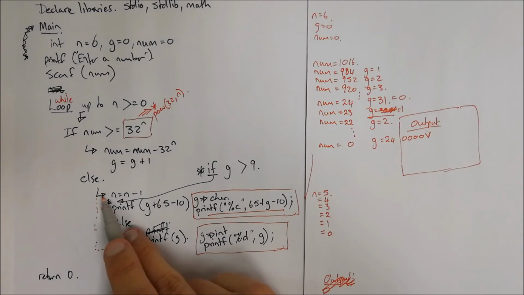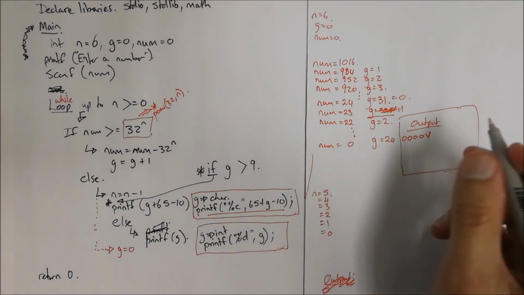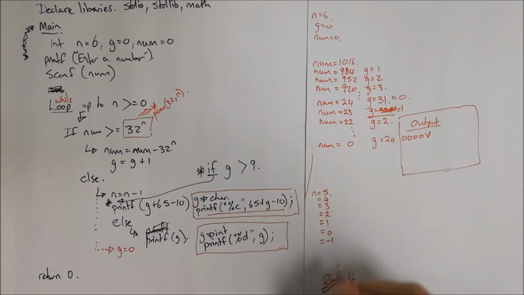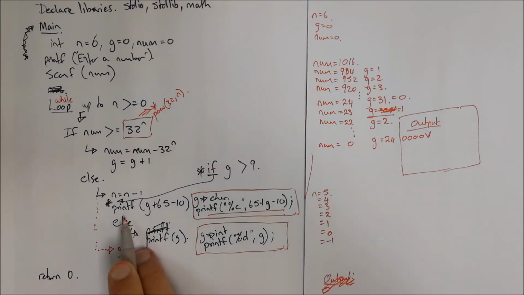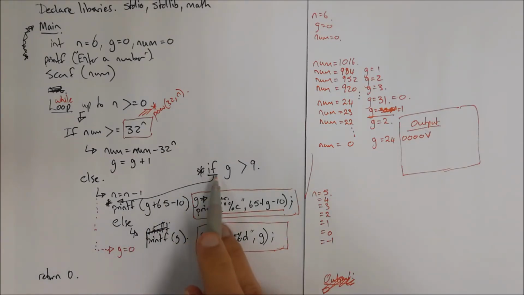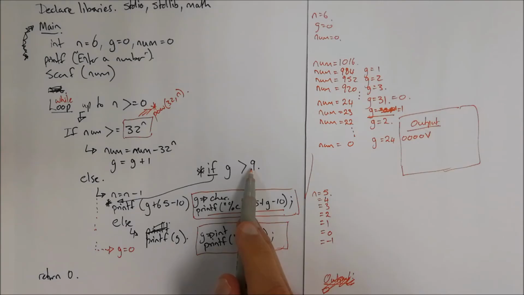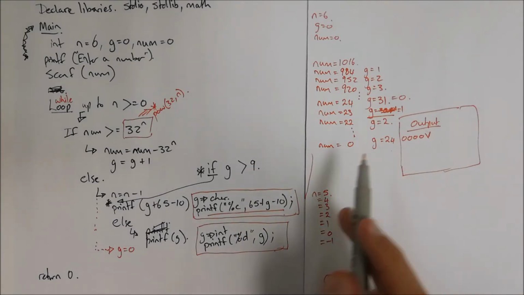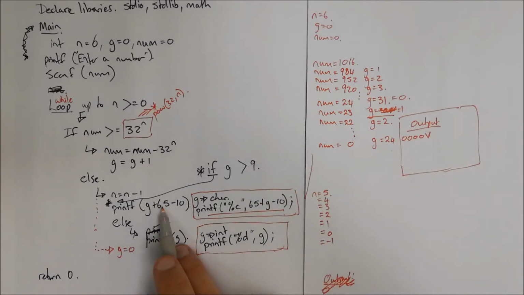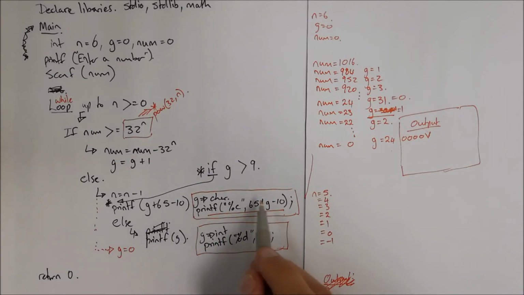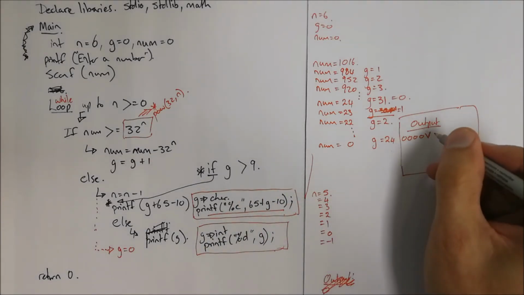It will come to the else statement. So now n is equal to n minus 1. So now n is equal to minus 1. Is G larger than 9? Yes, it is. It's 24. Okay, so now it's going to say 24 plus 65 minus 10 and print that character. So we know that that is an O.